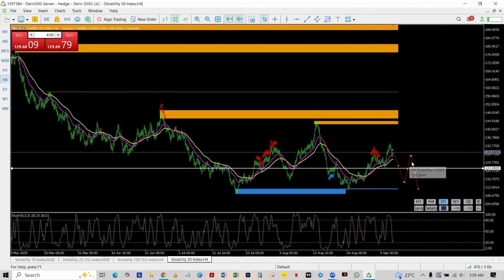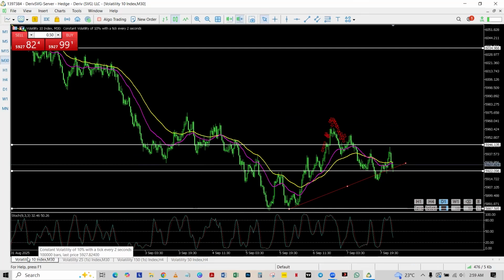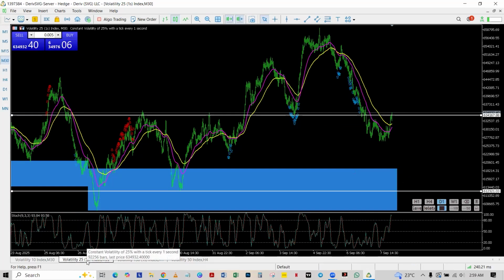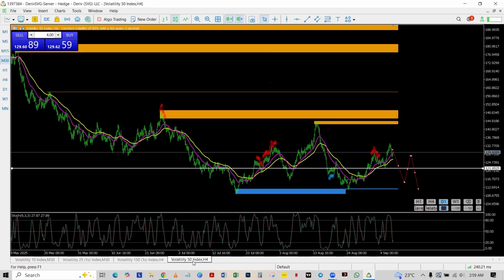Once I ascertain that this pullback has come to a close, then I'll know that the market will be continuing to the downside. So here you have it. You have your volatility 10, which is dropping lower. You have your volatility 25, which is also dropping lower. And you have your volatility 50, which is also dropping lower.